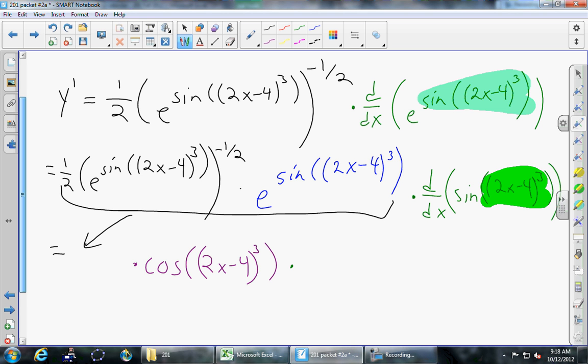And then we need to do the derivative of the stuff. So times derivative of, what's the latest stuff? Is that 2x minus 4 cubed? Boy is right.